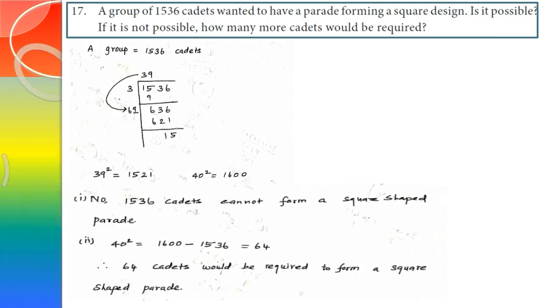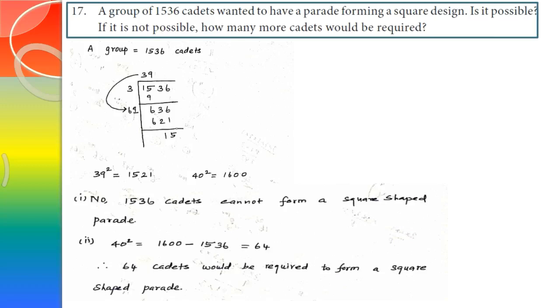No, it is not a perfect square, because 1521 is a perfect square. In this question 1536 is given, so it is not a perfect square. So for part 1, the answer is no. 1536 cannot form a square shaped parade.